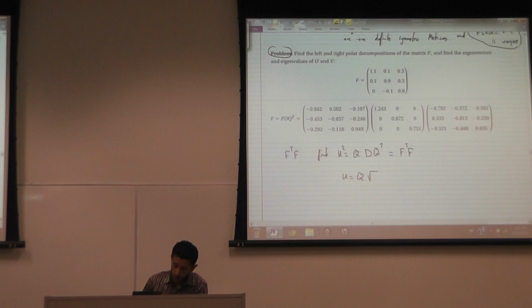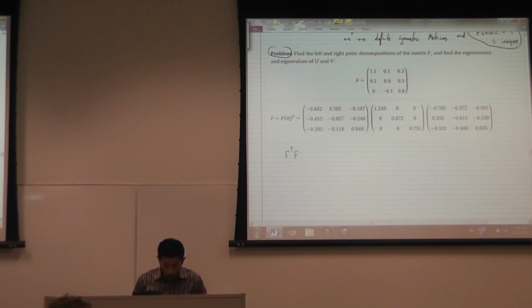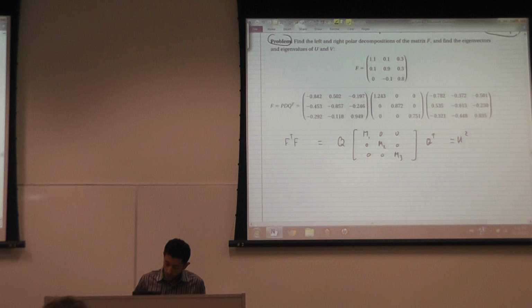So that's the procedure if you're going to do it by hand. You've got F transpose F. This is a positive definite symmetric matrix, so this is equal to Q multiplied by a diagonal matrix that has M1, 0, 0, 0, M2, 0, 0, 0, M3, multiplied by another rotation matrix. This is equal to U squared.